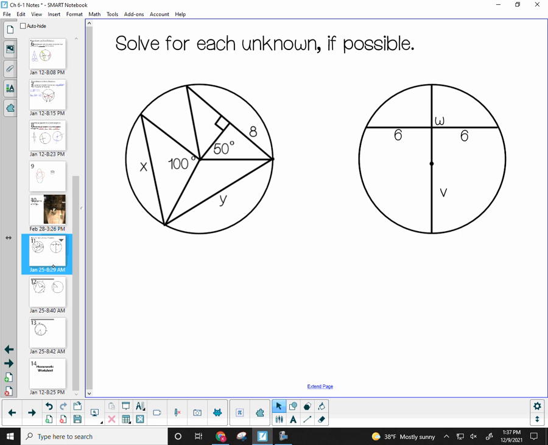I want to open 16, so equals 16. Oh no, they're not. This is not the rate. This is right here.